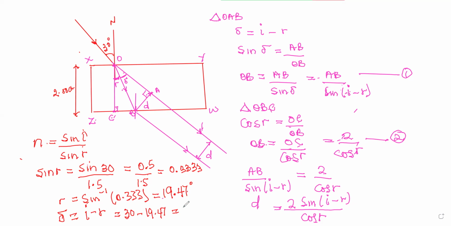10.53 degree. Then we can quickly calculate for D. So 2 times sine of 10.53, all divided by cos of 19.47.